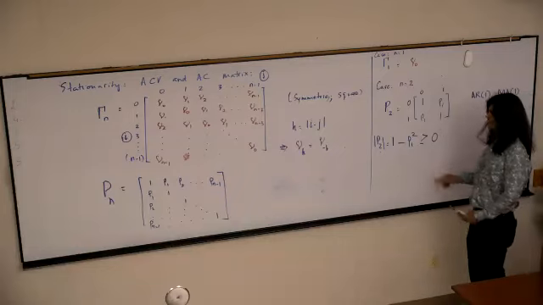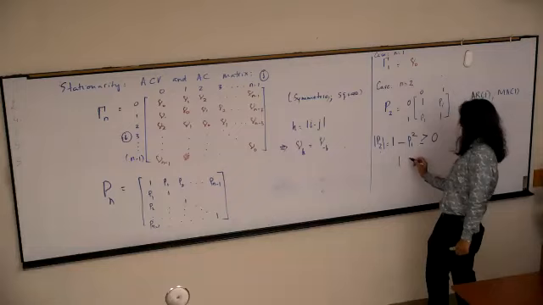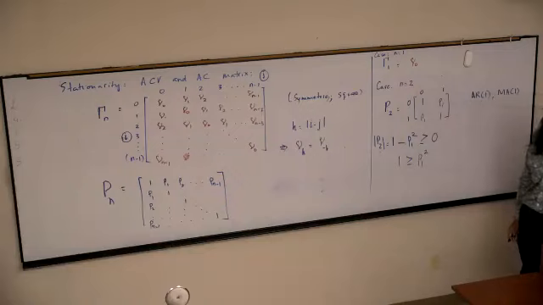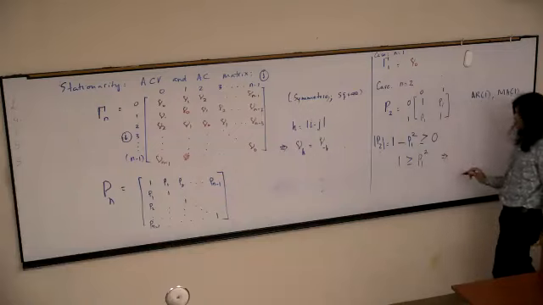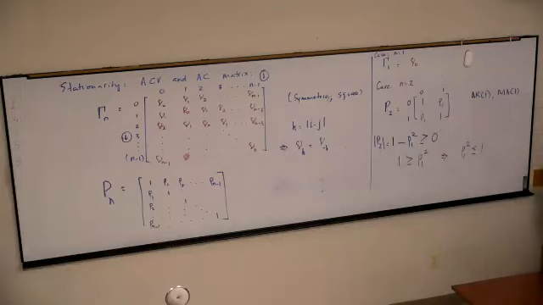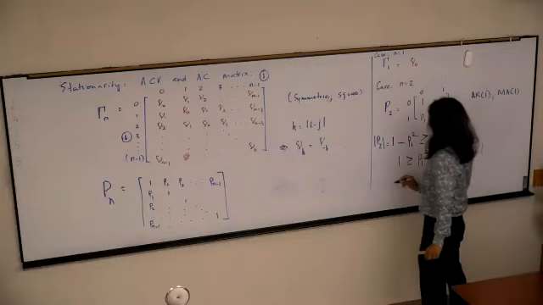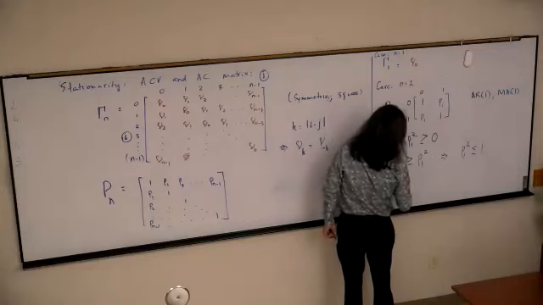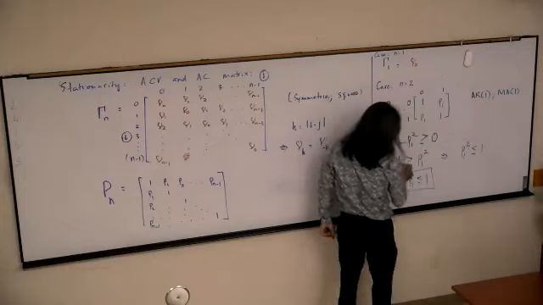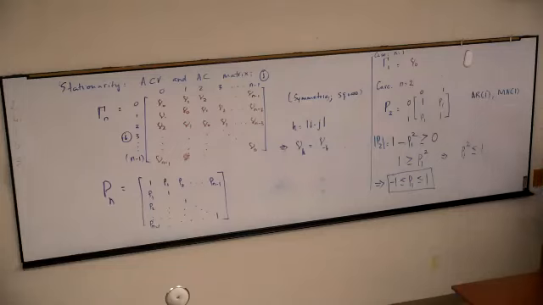Okay, going to rewrite this. 1 greater than or equal to rho 1 squared, which would imply rho 1 squared is less than or equal to 1, which will give me that condition: -1 less than or equal to rho 1 less than or equal to 1.